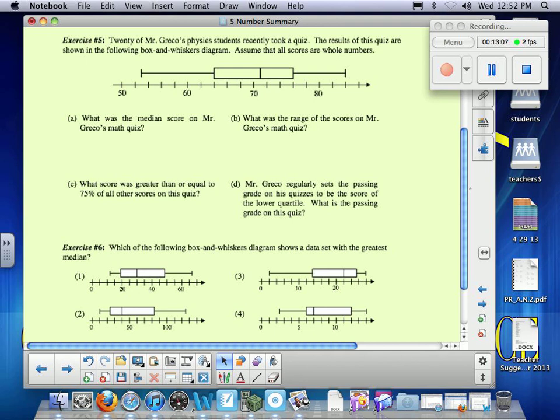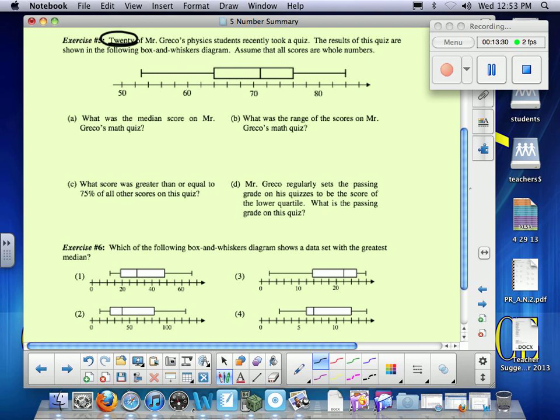So we have 20 students in a physics class who took a quiz, and these are their scores. Letter A, what is the median score? 75. Oh, hold on, what am I counting by on this scale?